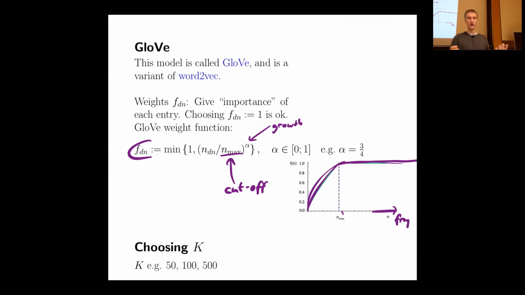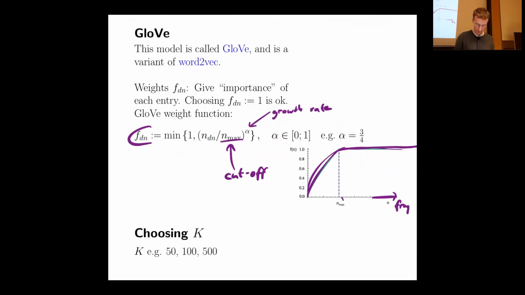And this is very, very empirical. It's not a theoretically justified thing, but it turned out to perform really well for the resulting word vectors you get. But if you want something simple, then you can just ignore these weights and just set them to 1.